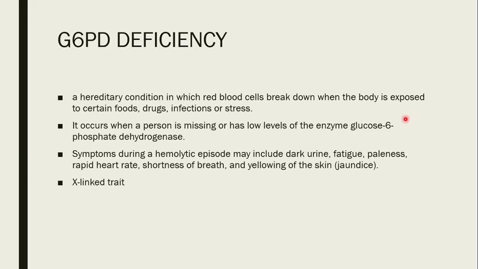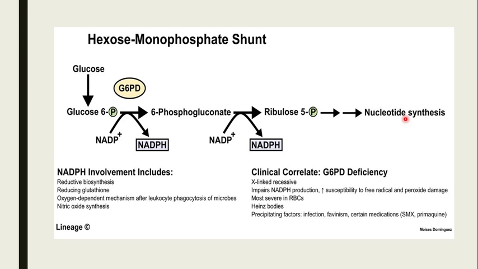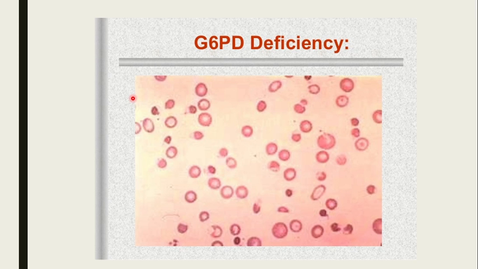Okay, so females are usually the carriers of G6PD. So what else? You just read all the clinical correlations. The important thing that you should remember are the enzymes missing in our metabolism.